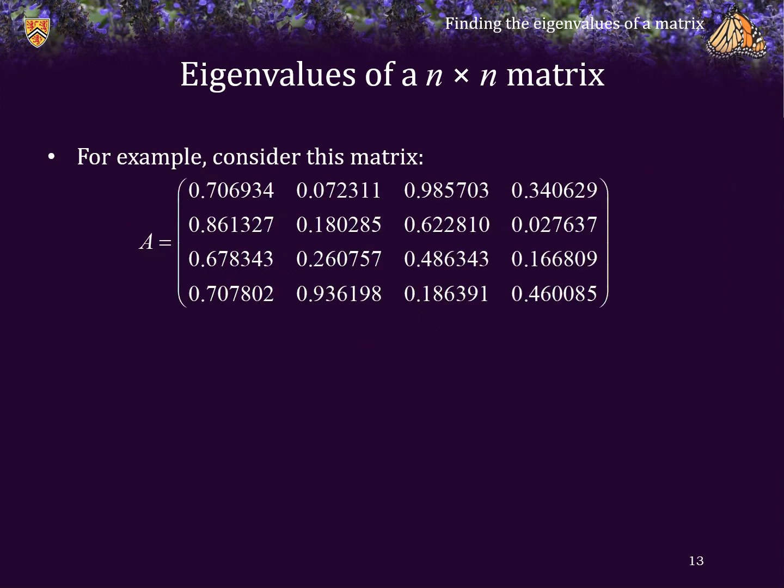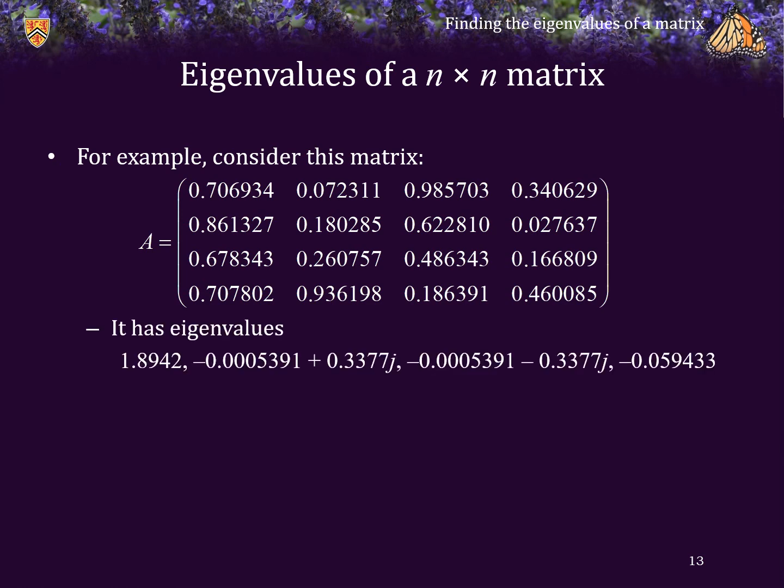All right, for example, consider the following 4x4 matrix. This has 4 eigenvalues, and it happens that 2 of them are real and 2 appear as a complex conjugate pair.